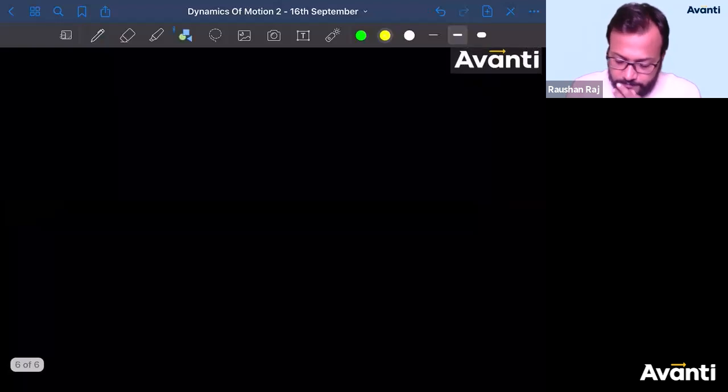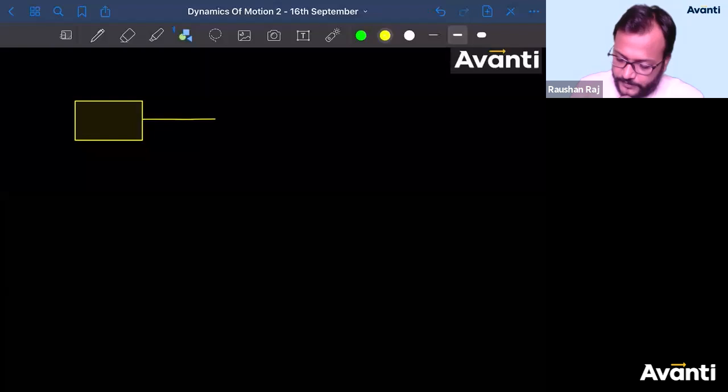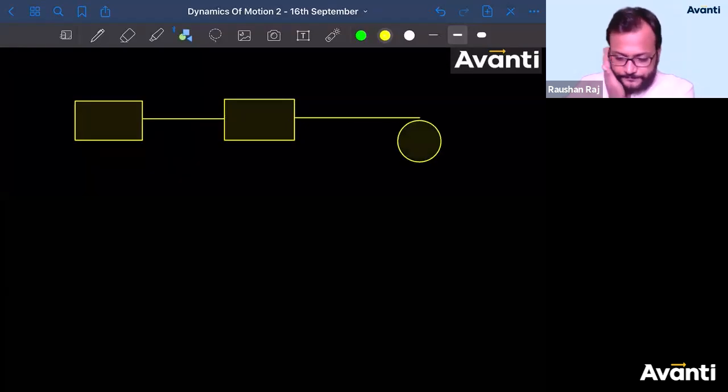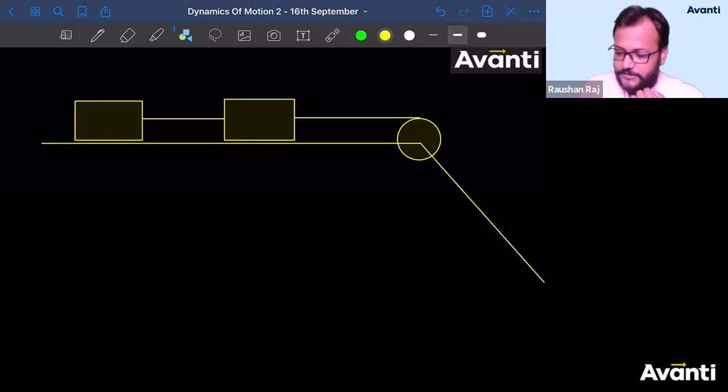Now let me draw one block connected to one more block. Now connected to a pulley. Kept on a table. It is inclined.